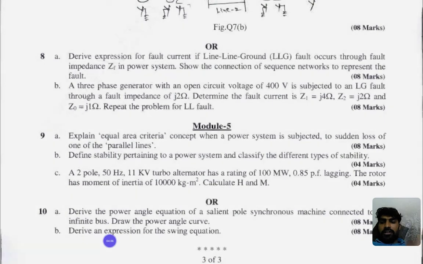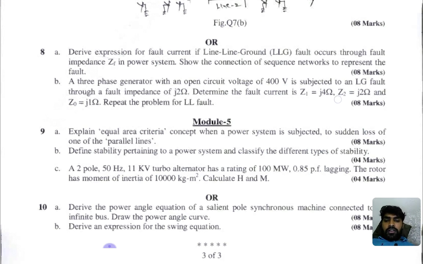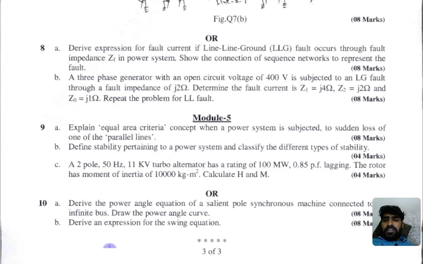Next, derive the expression for the fault current for a line to line to ground fault. LLG fault occurs through fault impedance. So just draw the LLG fault diagram, and then calculate with impedance, and draw the sequence network. And they have given an LL fault problem, solve the LL fault problem. A 3-phase generator with open circuit voltage of 400 is subjected to an LG fault.